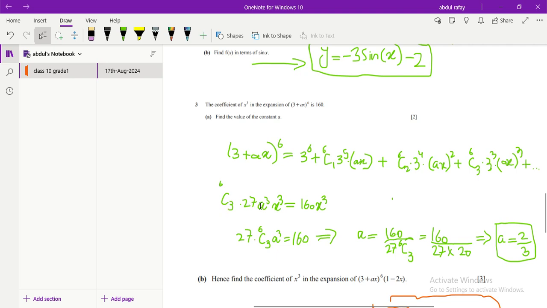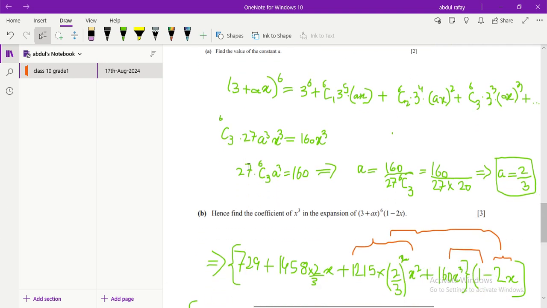To find the value of a, you will solve this and take the cube root, and you will get the value of a here as 2 by 3, which is very simple. This is just simple algebraic multiplication and division.